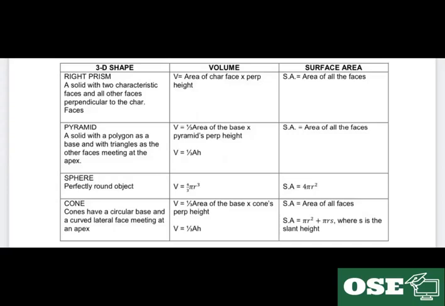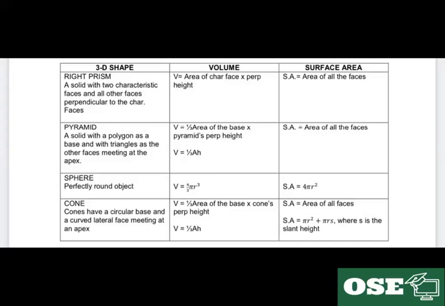And then surface area is length times breadth of all the sides added. For a cube, it's going to be 1, 2, 3, 4, 5, 6, 6 times length times breadth because all the sides are equal.